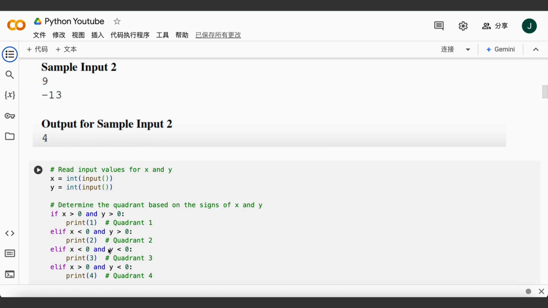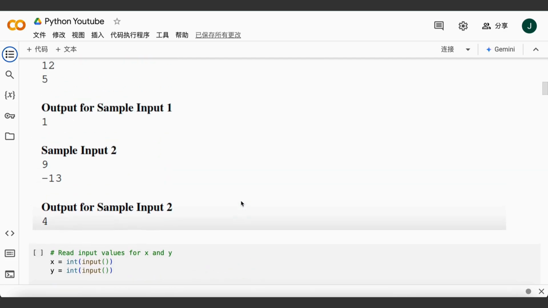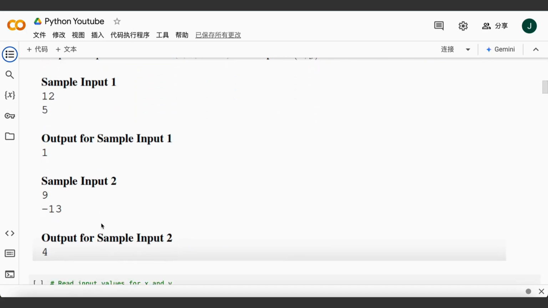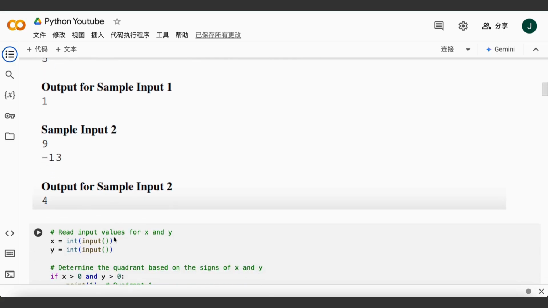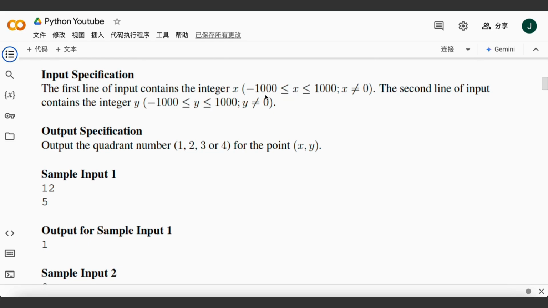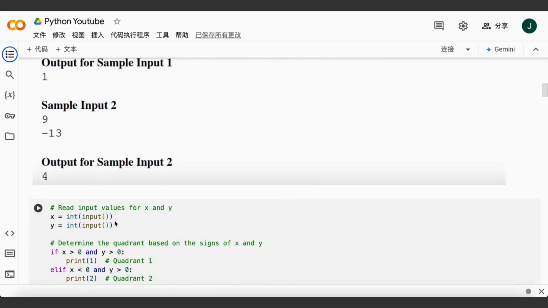However, my solution just handles the very basic requirements of this problem. If we want to refine this solution, we can also check the input. The x must lie within minus 1000 and 1000, and x cannot be 0. We can put the conditions in there.